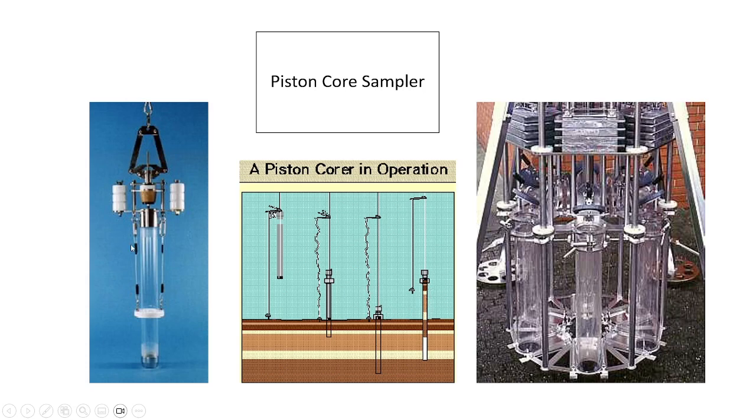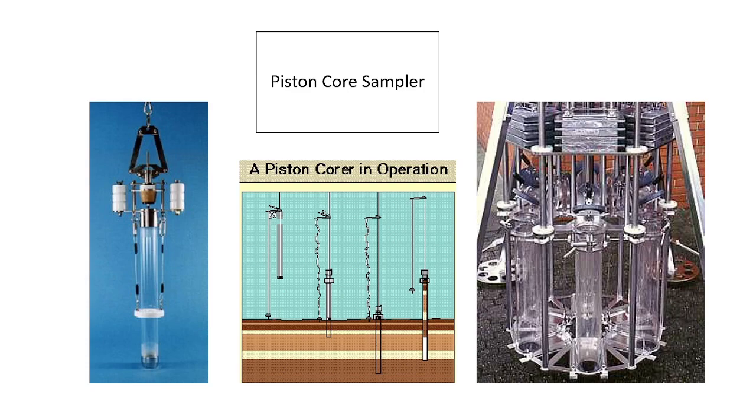So this is the piston core sampler. There can be a multi piston core sampler also, where there can be several sampling tubes creating pressure. So what kind of soil are we getting? We are getting an undisturbed sample, or we can say minimum disturbance has been created in this soil, so we can use this for any kind of tests. So these are some of the samplers that we use.